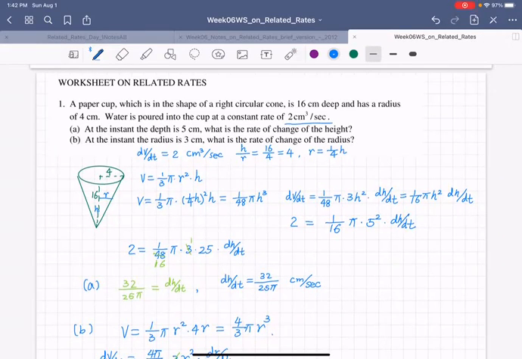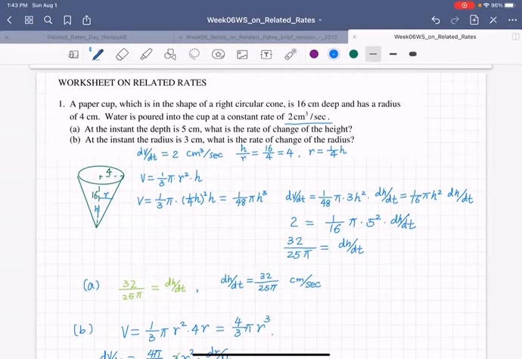Yes, that's right. Now we can simplify to find the dh over dt, okay? So we can times 16, that is 32, and divide by 25 pi, right? Yes. Okay, equals to dh over dt. Does this make sense?